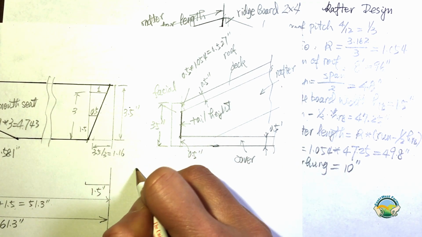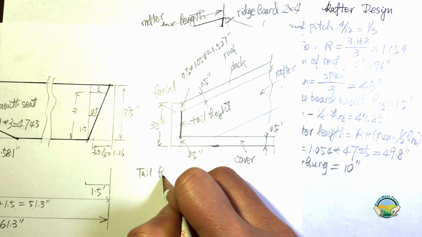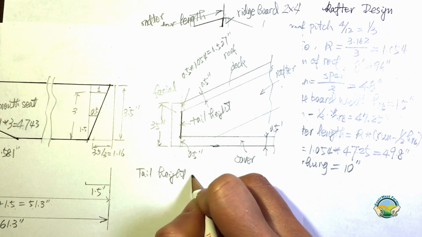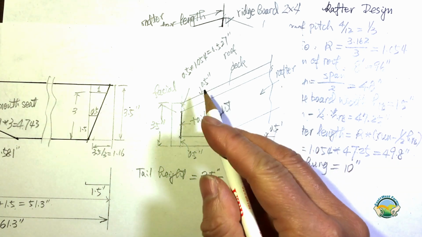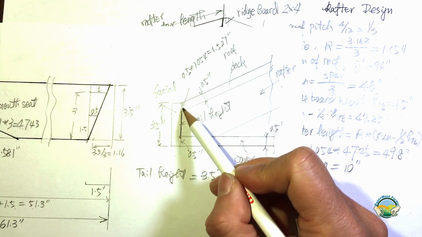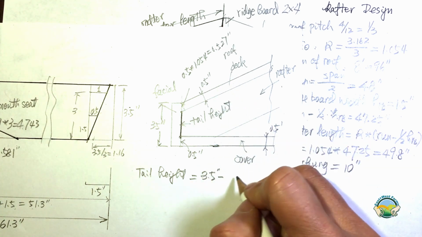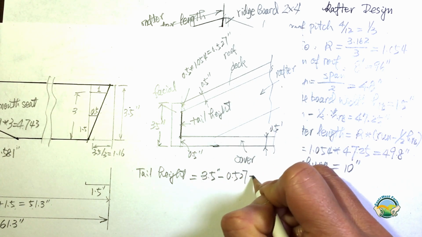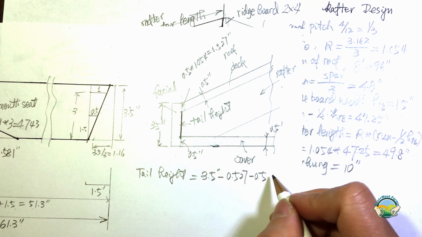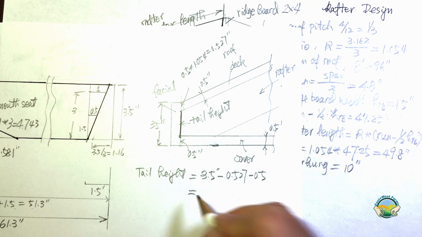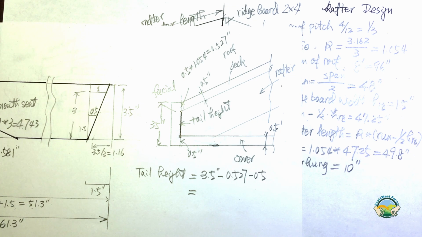So now I can say that my tail height is equal to 3.5 minus the length of the deck board, which is 0.527, minus the thickness of the cover board, which is 0.5. That gives me a little less than 2.5.